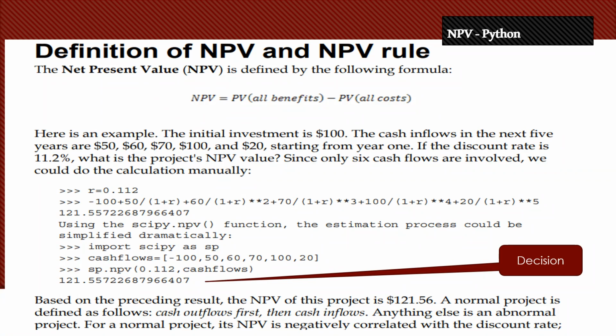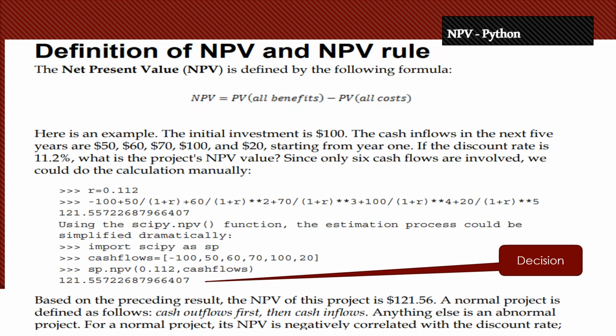Then in case of numerical Python, you have to write the formula like that, minus 100, because the initial investment is minus 100, and all these things. But you can see in the next line, using the scientific Python dot NPV function, it is very easy. Import scientific Python as SP, then cash flows.